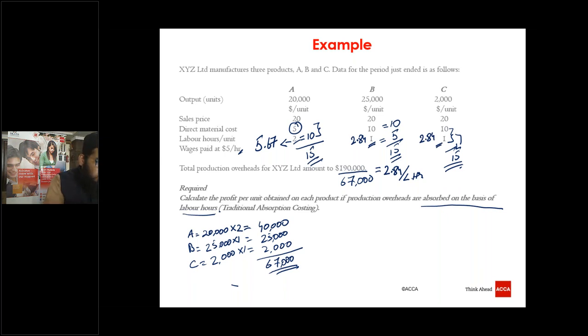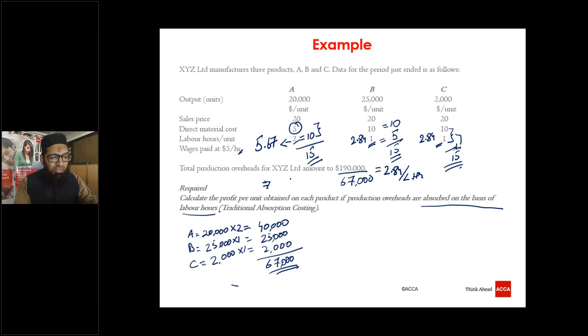Now that will mean my total cost per unit will be 15 plus 5.67, that will be 20.67. It is 17.67 for B and 17.67 for C. Now if I subtract this cost from my price, product A will have a loss of 0.67.